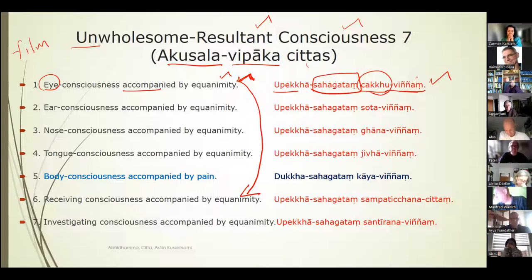The receiving consciousness receives that object, and it is also very weak because it cannot decide, it only receives. Then it is handed over to the investigating consciousness, santirana. This consciousness is a little bit stronger, but still not strong compared with the root consciousness.